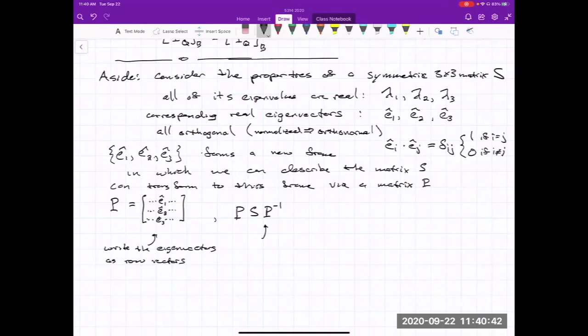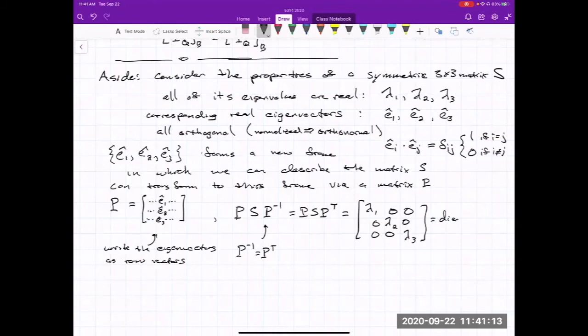Because E1, E2, and E3 are orthonormal, P inverse is equal to P transpose. So P, S, P transpose is the basis in which we have the simplest representation of this matrix S, in which it's just a diagonal.